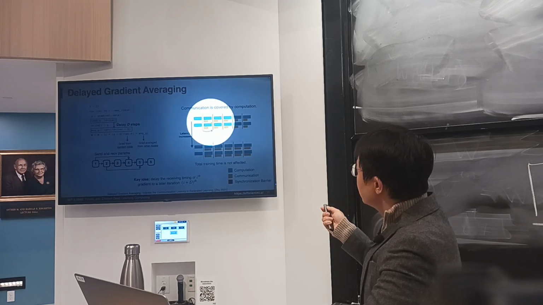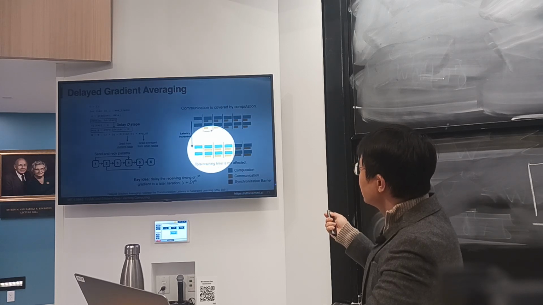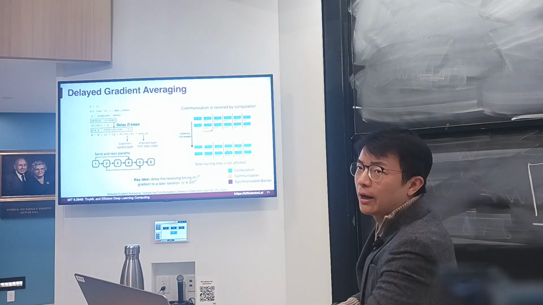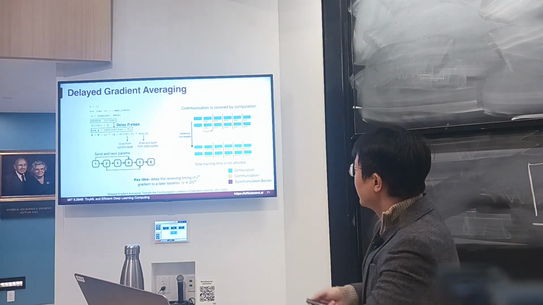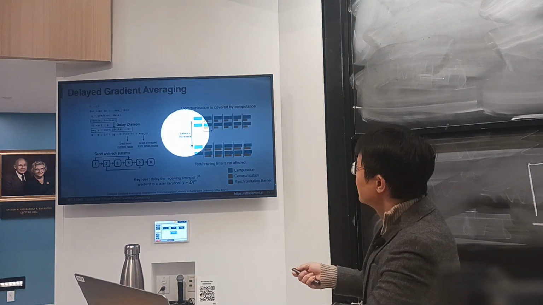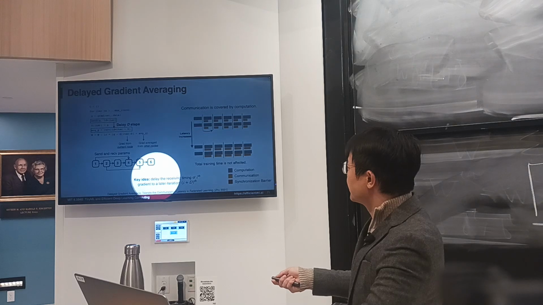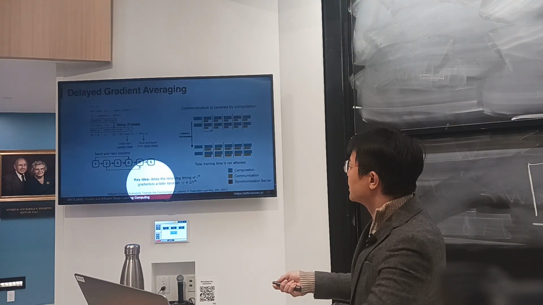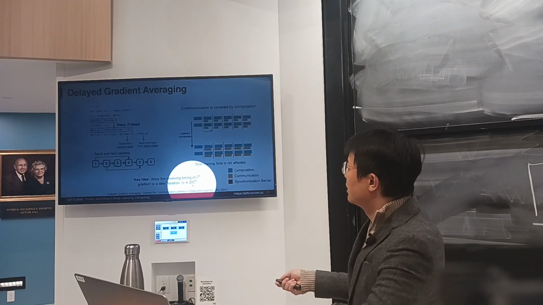If the communication gets longer, as long as it doesn't exceed this barrier, it will not increase the total latency for the training. As long as the communication finishes before this barrier, the total training time is not affected, even if the latency increased. So the key idea is to delay the receiving timing of the ith gradient to a later iteration, i plus d, and we are receiving a stale gradient d steps away.